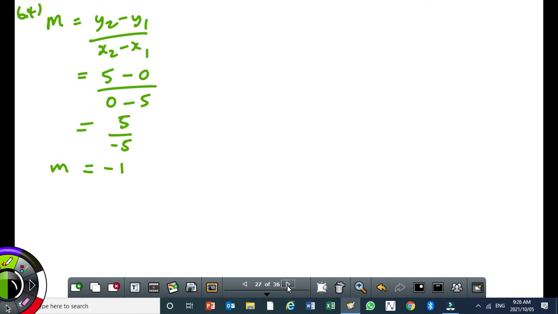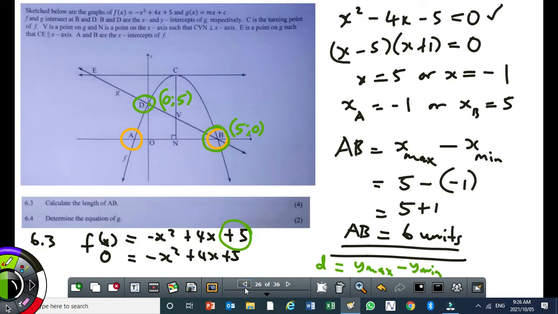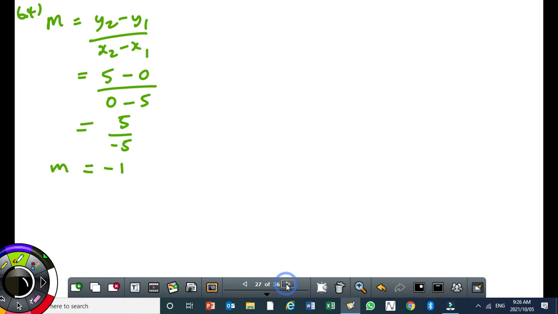Now, to find the equation, it's so easy. Do you agree with me that the y-intercept of the quadratic is also the y-intercept of the straight line? Check this. They intersect here. So you don't have to calculate the y-intercept of the straight line. That value of c, you don't have to calculate it. You just get it by inspection. That's how easy it was. So your equation will be y equal to this g of x there.